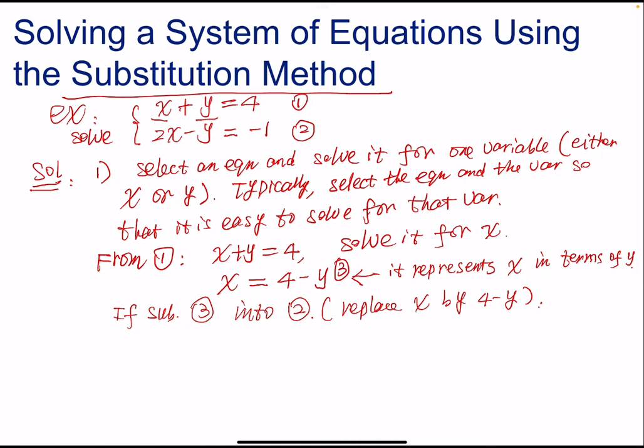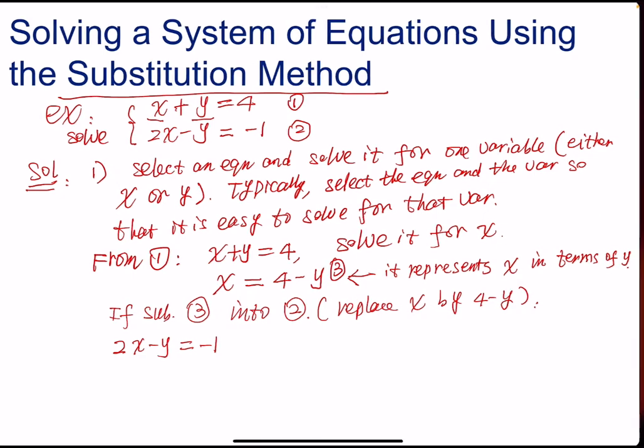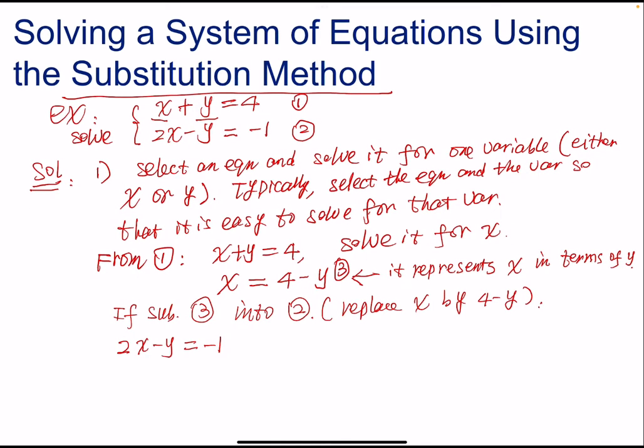So let's see, the second equation is 2x minus y equals negative 1, okay? And then what we're going to do is substitute 3 into this equation 2. Okay, this is equation 2.